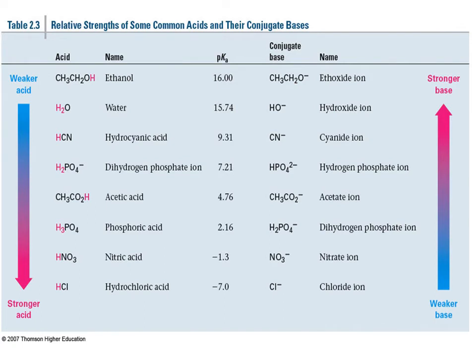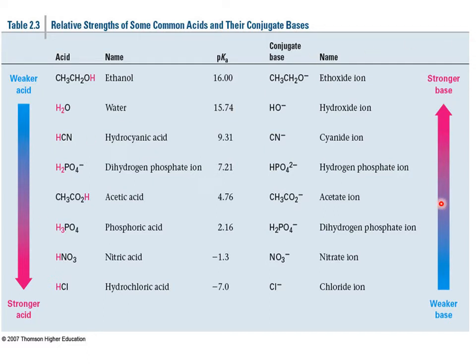Okay, let us recall our activity last time. Last time, you were given this table as your guide in the exercise. In the exercise, you were given acids to arrange according to their increasing strengths. Likewise, their conjugate bases. What do you observe in this table? As you go down, the acid becomes stronger.